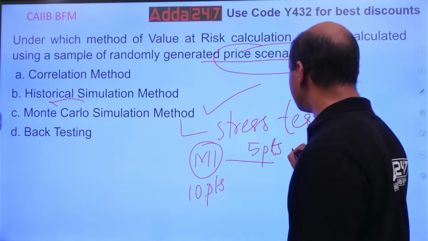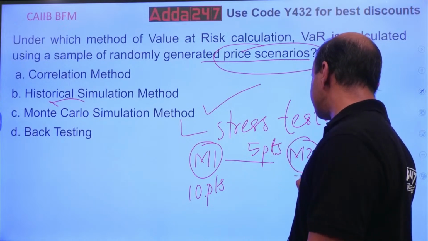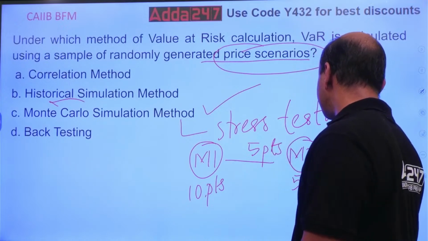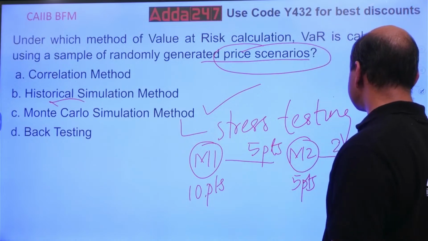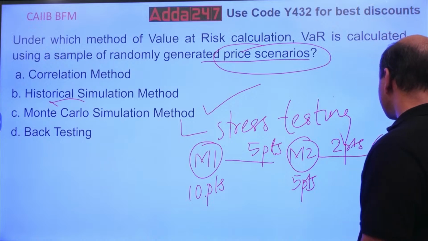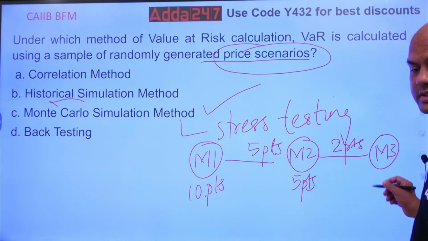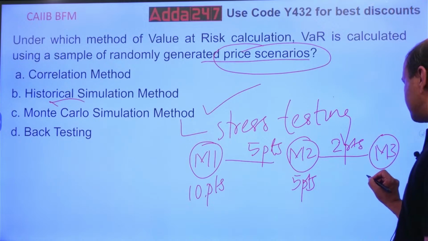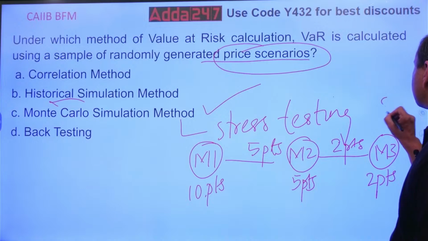Then in meeting 2, I'll discuss only these 5 points. From these, I'll again filter 2 points. In the last meeting, meeting 3, with all the seniors, I'll discuss these 2 points, and out of that, I'll come up with a single solution.